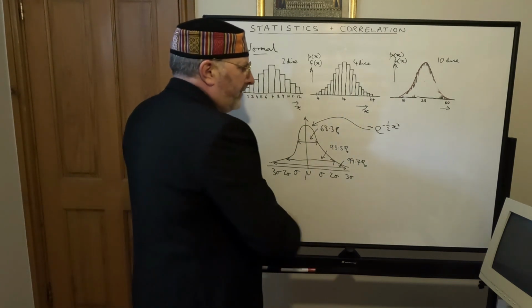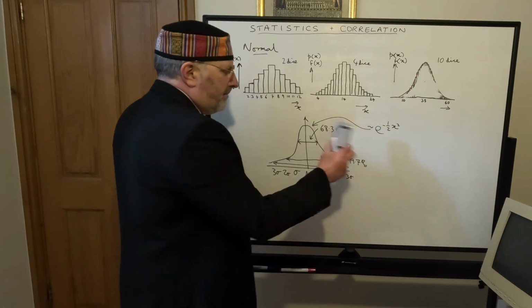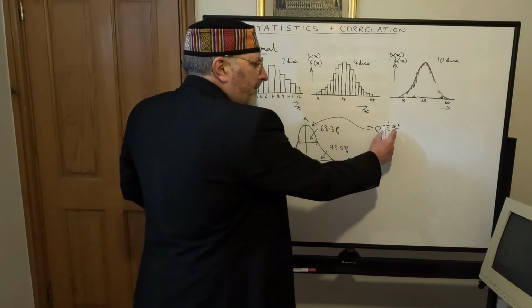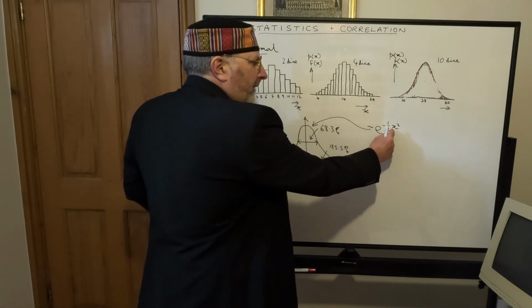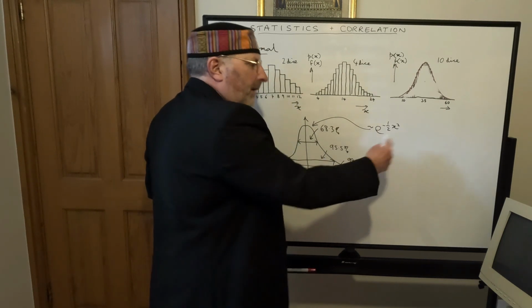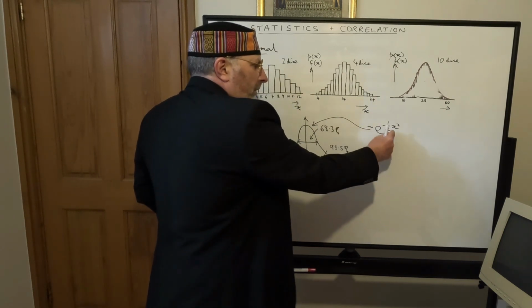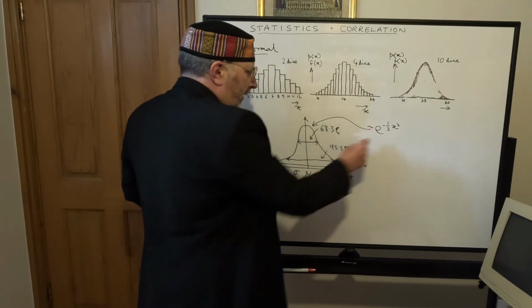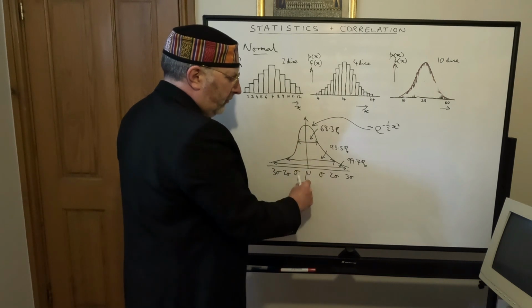And you can see that for this, in fact, the mean value is going to be 0, because x and minus x are going to give the same value, because x squared and minus x squared are the same. So this will be symmetrical on either side of 0.